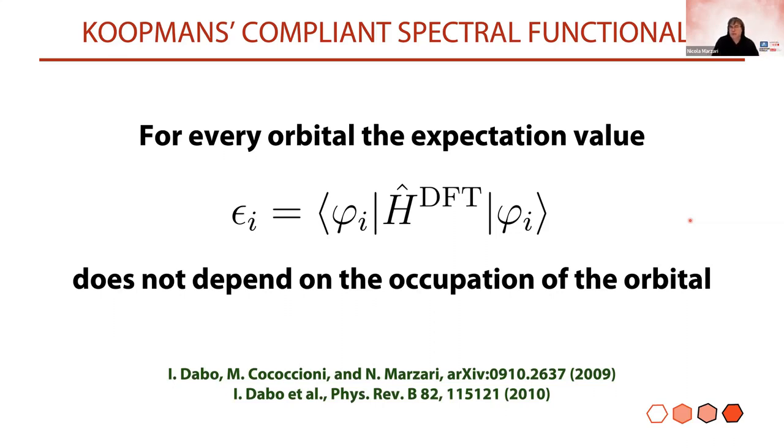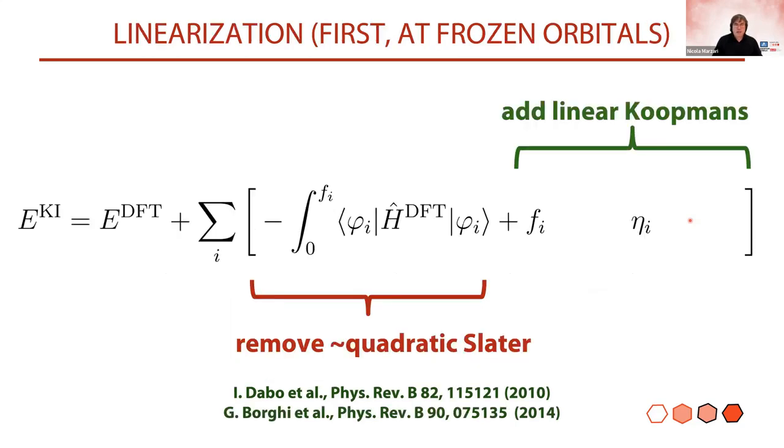So how do we enforce this piecewise linearity of the energy with respect to the occupation of every orbital? That is, how do we enforce that the expectation values for the single particle energies are constant? It's very simple.